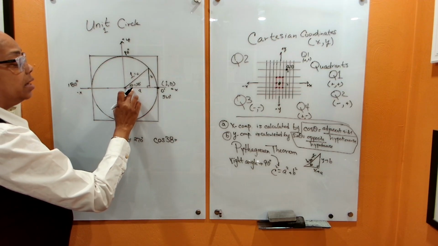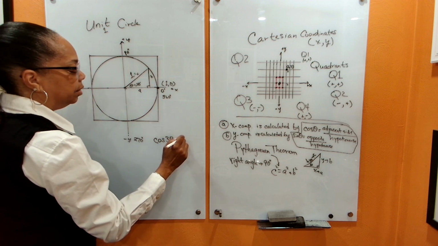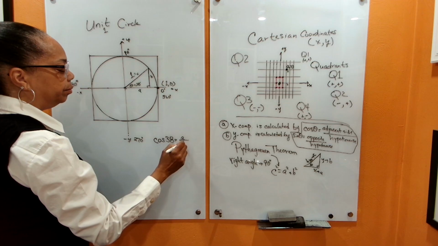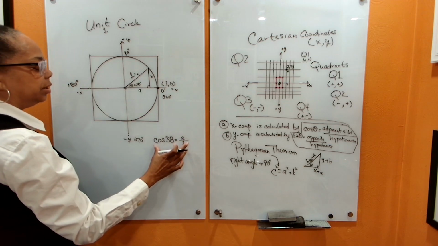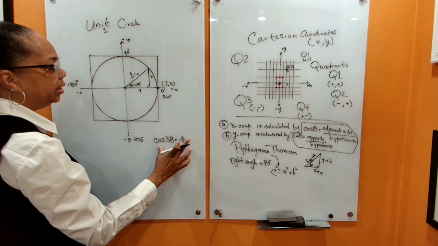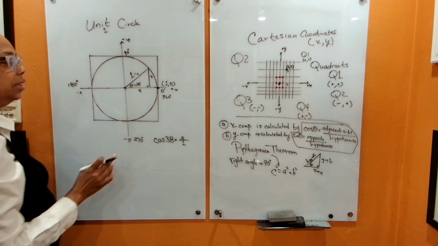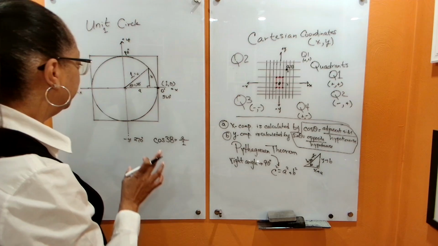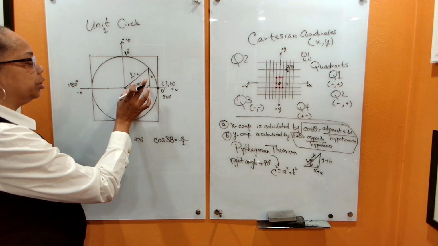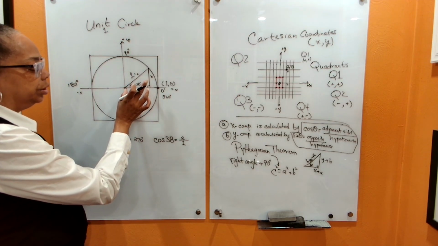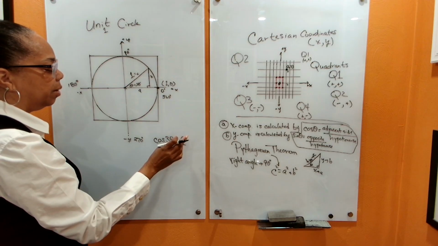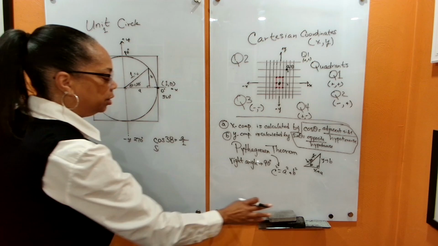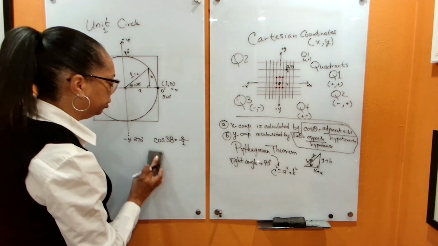So that's A over hypotenuse, 1, right? So in this case, our cosine of 38 is actually the length of this side, okay? So whatever our units are, this portion is going to be that length, all right? So sine of, let's do cosine first.